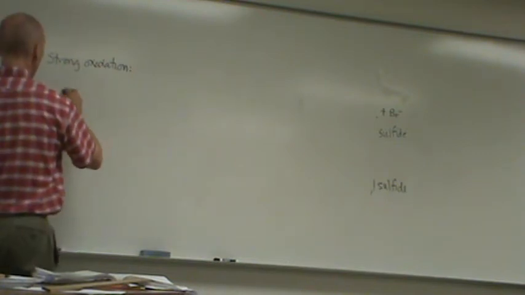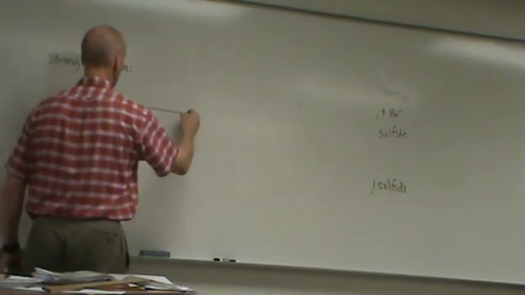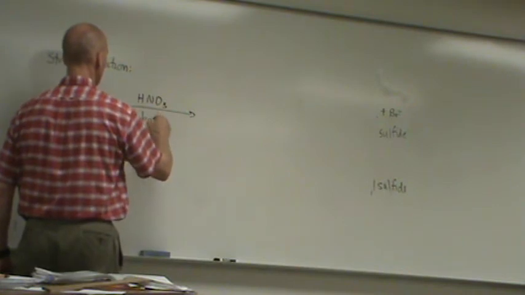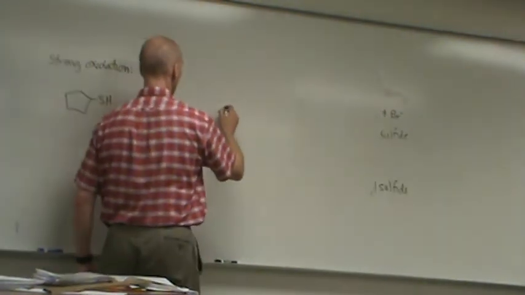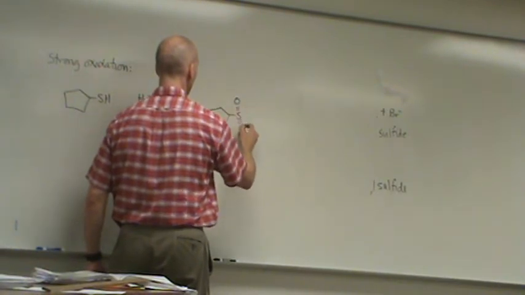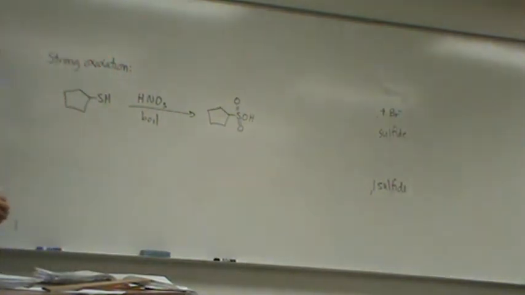But here, if you have a thiol and react it with nitric acid and really heat it up, boil it, okay? What this does is it converts the thiol to this group here.